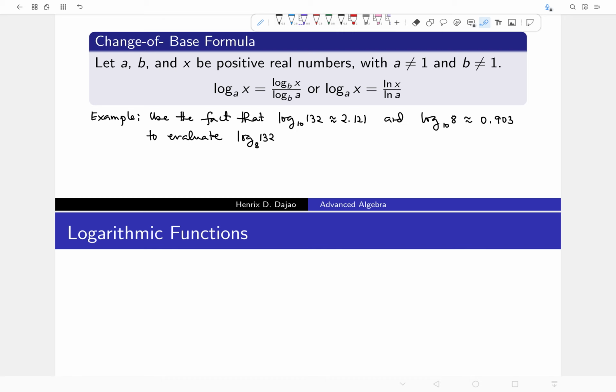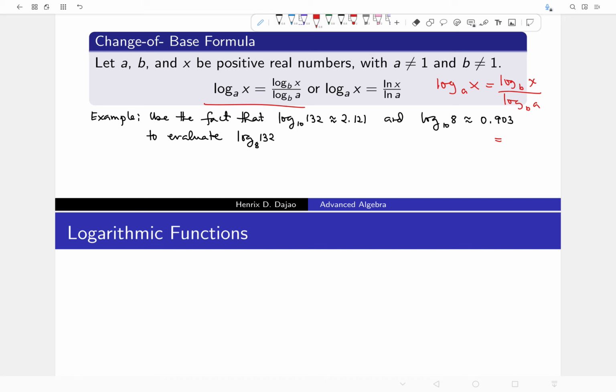Or you can have log a of x is equal to ln x over ln a, if our b will be equal to e. This will be the case if your b is equal to e, or the Euler's number. Why? Remember, using this, log a of x is equal to log of x with base b over log of a with base b.